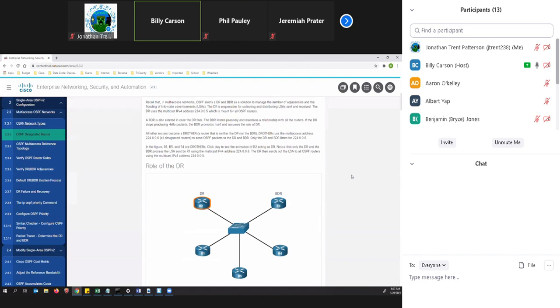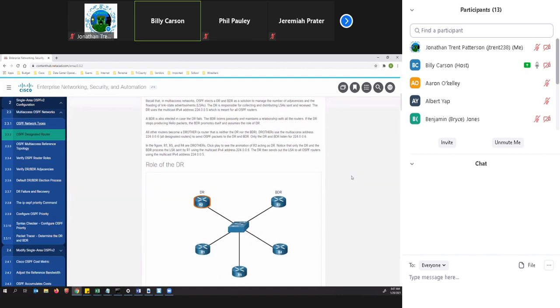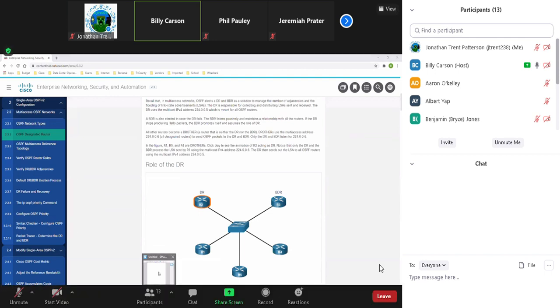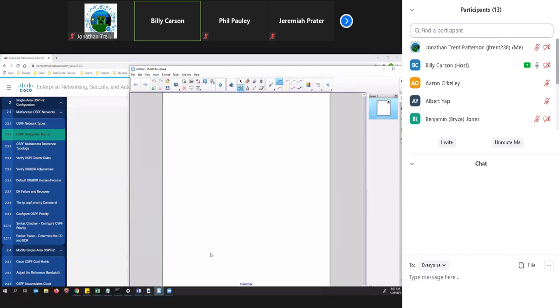But what I want to draw your attention to is something we talked about Tuesday. Remember the formula? In this example we've got 1, 2, 3, 4, 5 routers sending all these commands out.